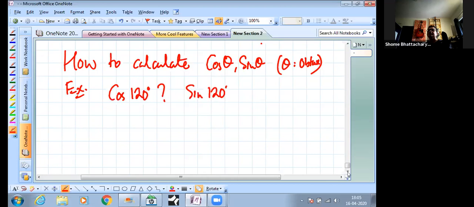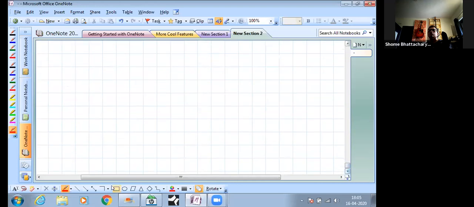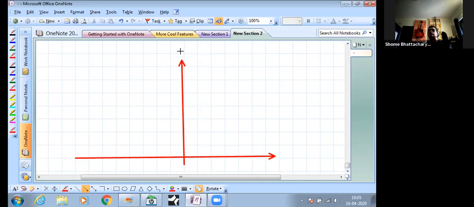So for this, let us again go back to a diagram and understand how we do it. Let us say that our rod is this one, and this total angle here, theta, in our example we have taken as 120 degrees, but it's any obtuse angle.